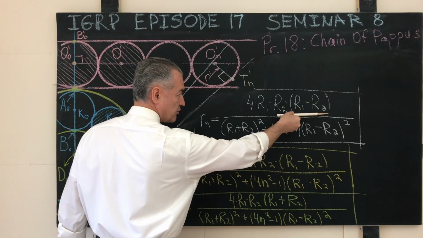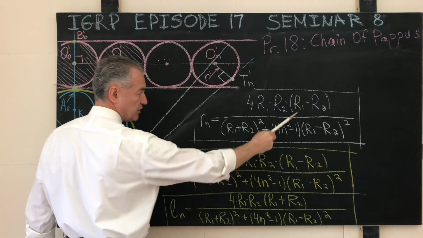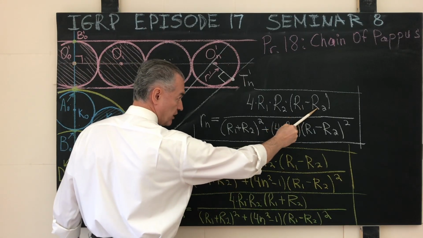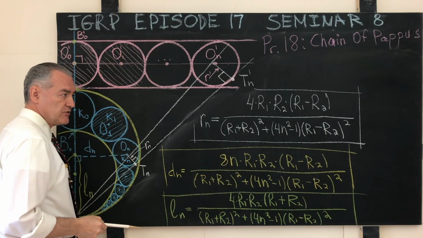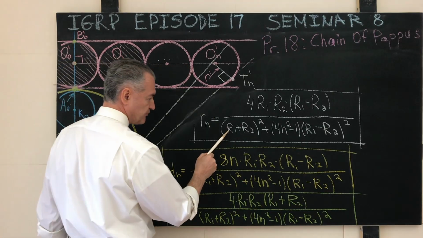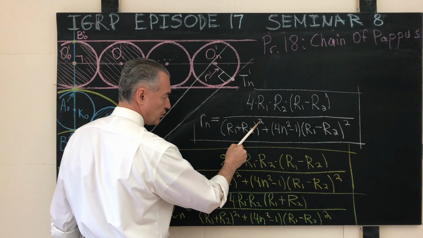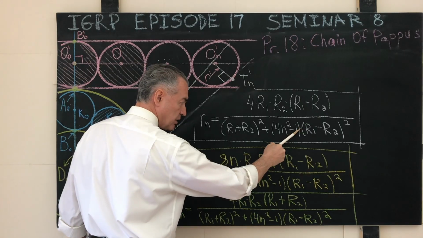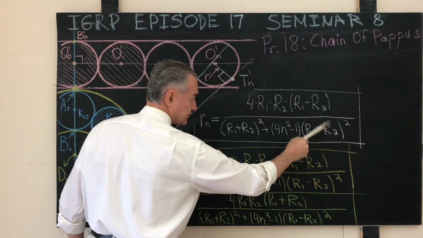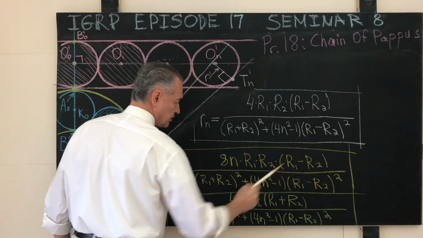And that difference, remember, always makes geometric sense because we have r1 strictly greater than r2. And in the denominator we'll have the sum of the following two terms: r1 plus r2 squared plus 4n squared minus 1 multiplied by the square of the difference of the radii r1 minus r2.